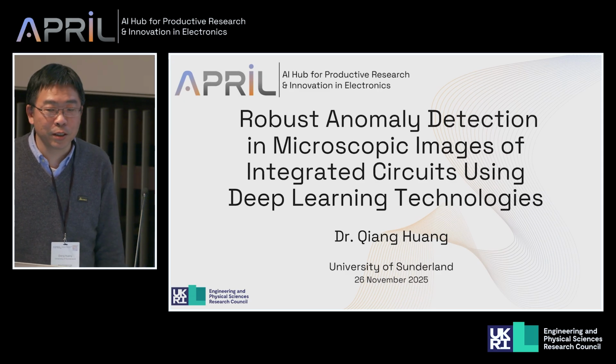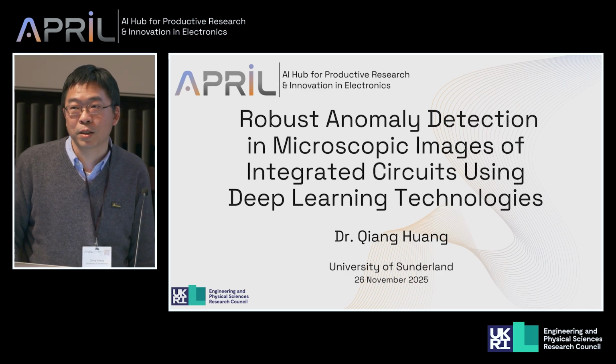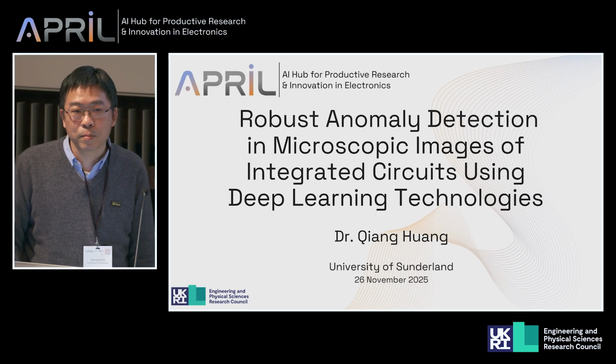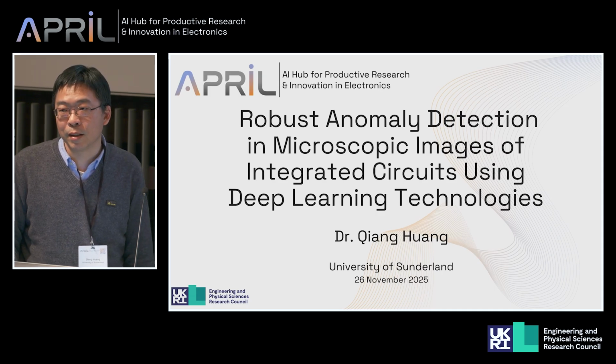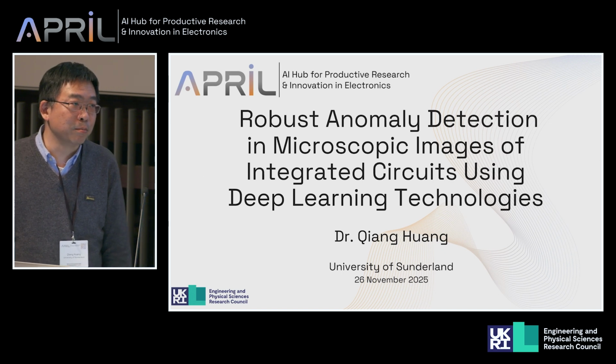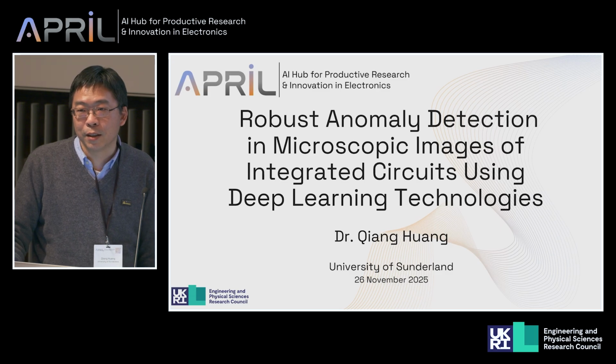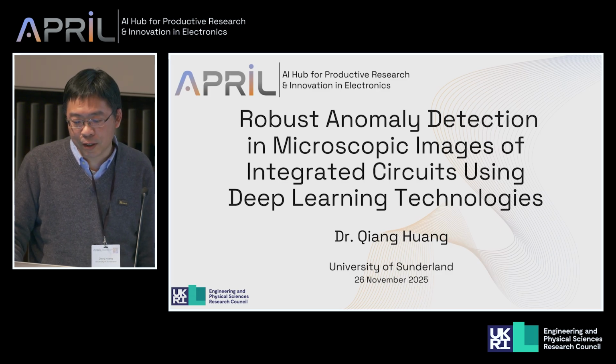However, we know currently GPU cards are very expensive, right? Certainly, there should be many reasons. One of the reasons, I think, could be the quality rate. So in order to improve the quality rate, we think anomaly detection could be one of the important techniques.